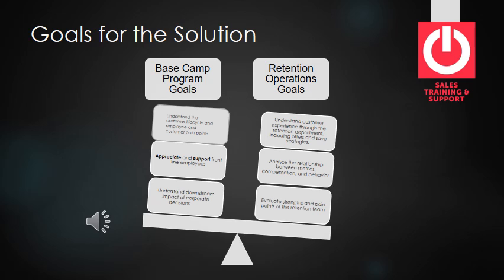Finally, participants should evaluate strengths and pain points of the retention team so that they can be recognized for things they're doing well and potentially share those best practices across various other departments, and shine light on some pain points and ways that people in other departments may be able to assist in making operations smoother for the retention department.